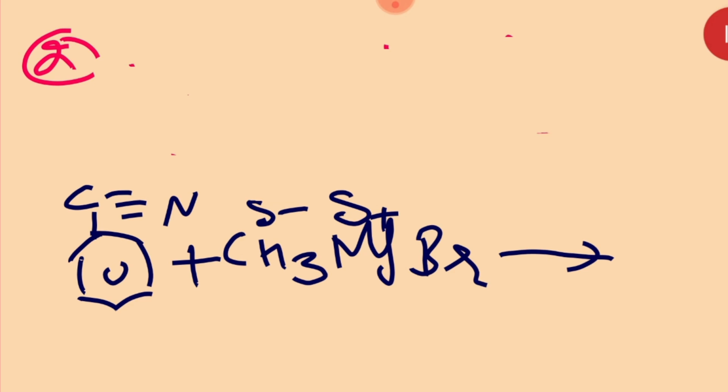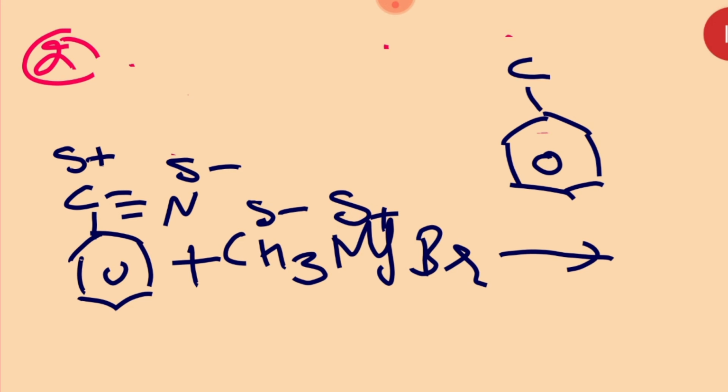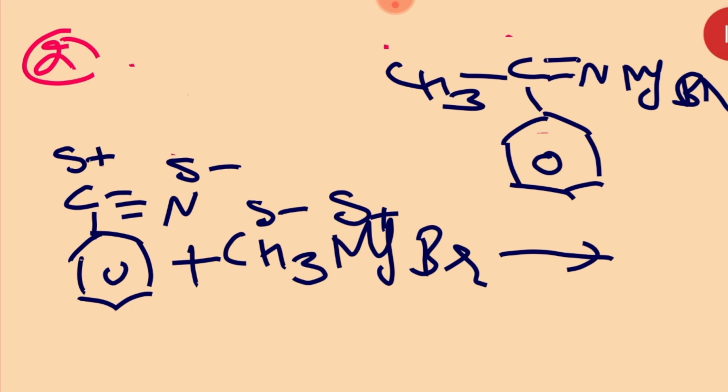In this case we are getting the benzene, and now this CH3 is the negative part and this is the positive part, giving CH3, then double bond N MgBr. Okay, what we have formed there: double bond N MgBr. Then there is a hydrolysis in the presence of acid.